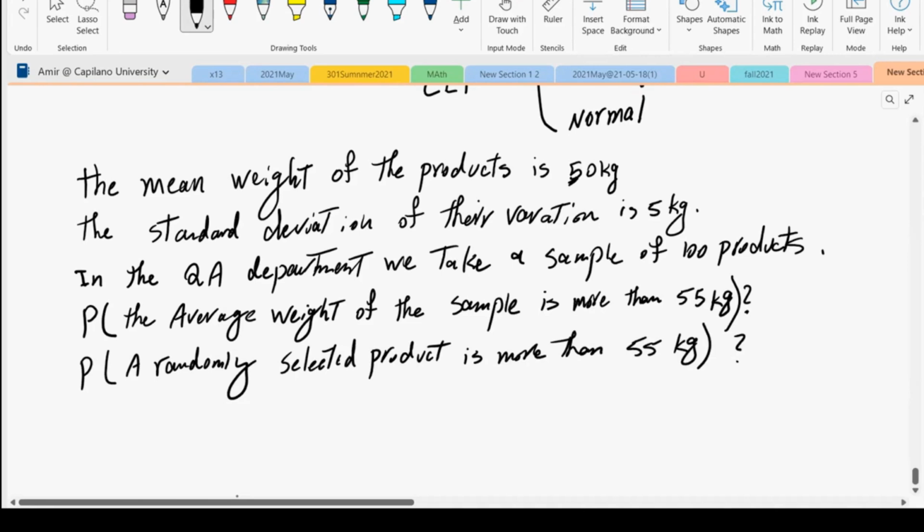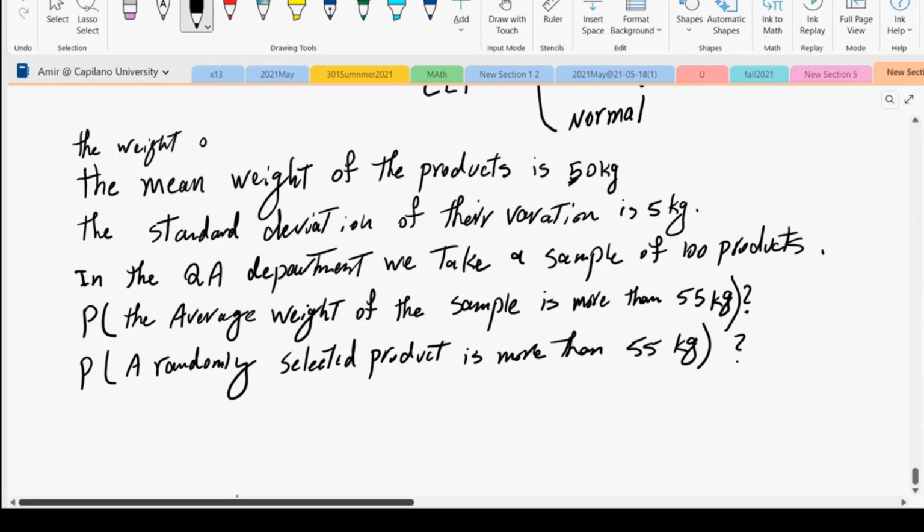I hope that you are taking note. I hope that you are paying very careful attention. These are totally different questions. And for the second question, you already are equipped to answer the question. The only thing that I need to tell you is that the weight follows normal distribution.